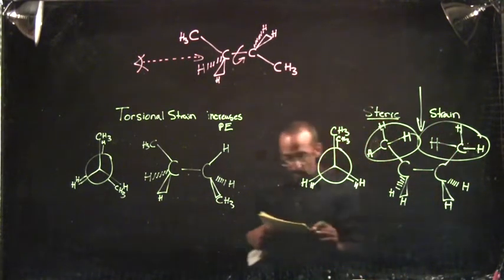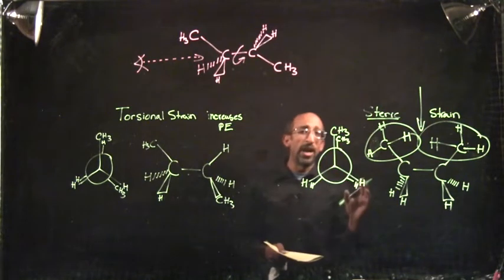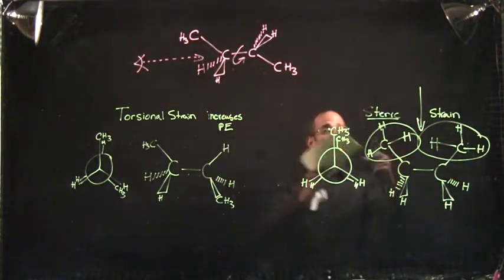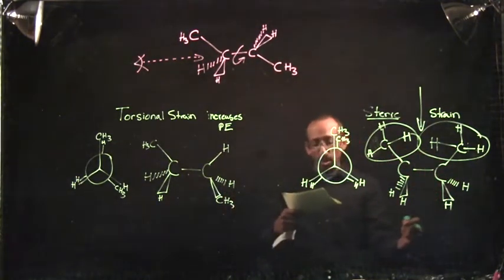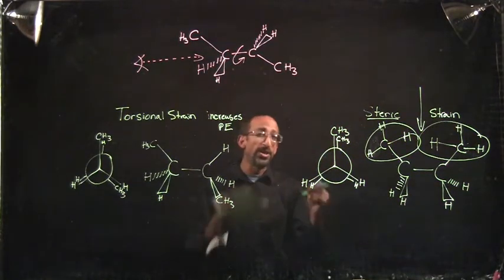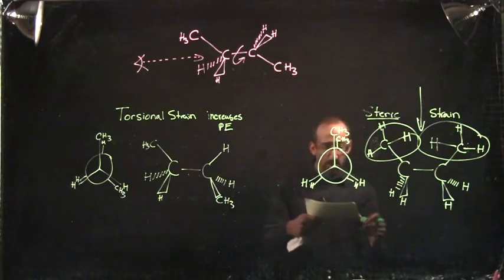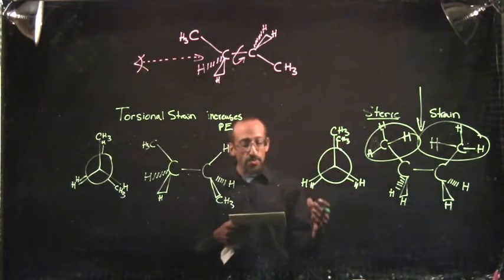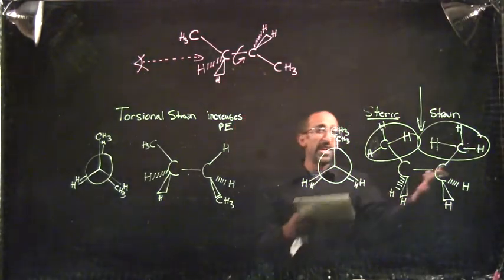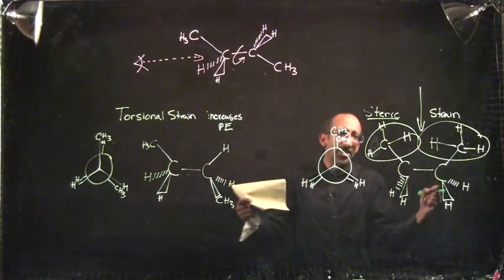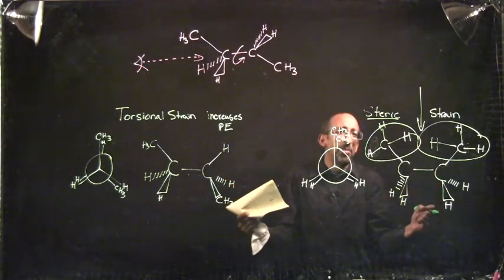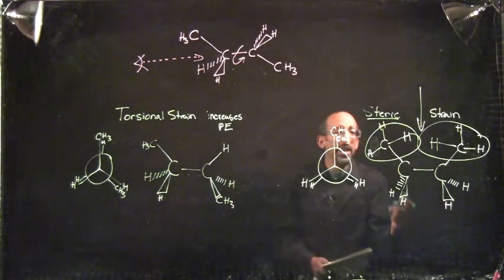And steric strain is more accurately defined as a repulsive interaction or a repulsion caused by two bulky groups. Anything larger than a single hydrogen atom is a bulky group trying to occupy the same space. They can't, they're pushing against each other. This raises the internal potential energy of the molecule as well.